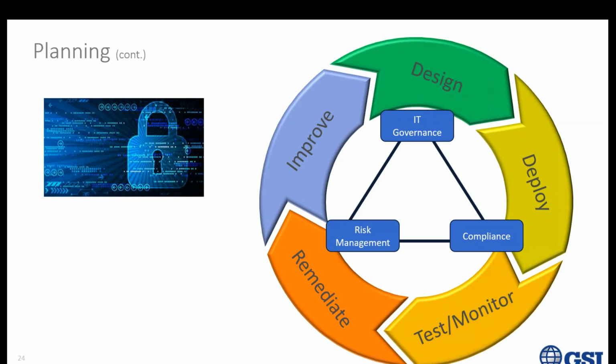Really the idea here is that, like we were talking about before, you've got a design, you come up with what you think is going to be the best plan for your environment, you deploy that, then you test and monitor with the tools that we're talking about, things like John talked about earlier, and he'll talk a little bit about using teams to do that testing, but having white hacker type testing, vulnerability testing, pen testing, and then monitoring all that. You take those results and you remediate, you improve, and then you put that into a new design. And all that goes around your risk management, your compliance issues.